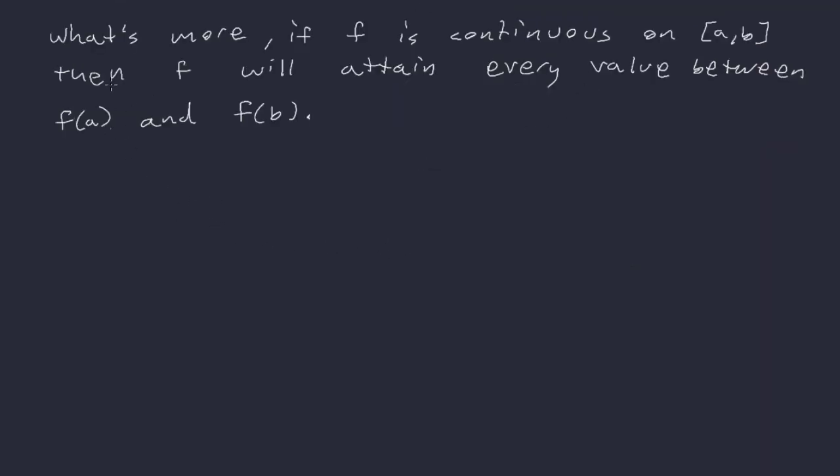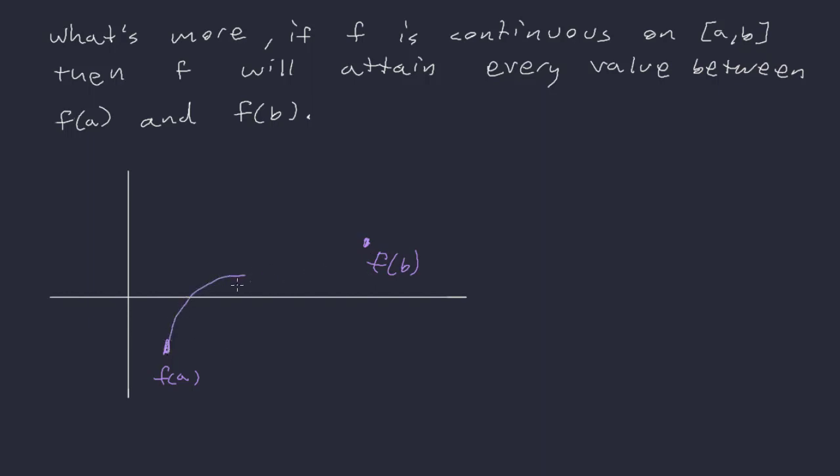All right, so what do I mean by this, that f is going to attain every value? Well, if we do a similar thing here, where let's say this is my f of a, and this is our f of b, we are guaranteed to hit at least once every value between f of a and f of b. Now, we might hit more.